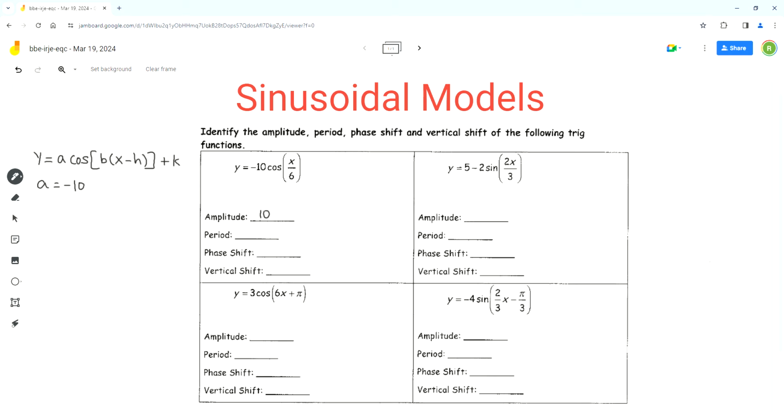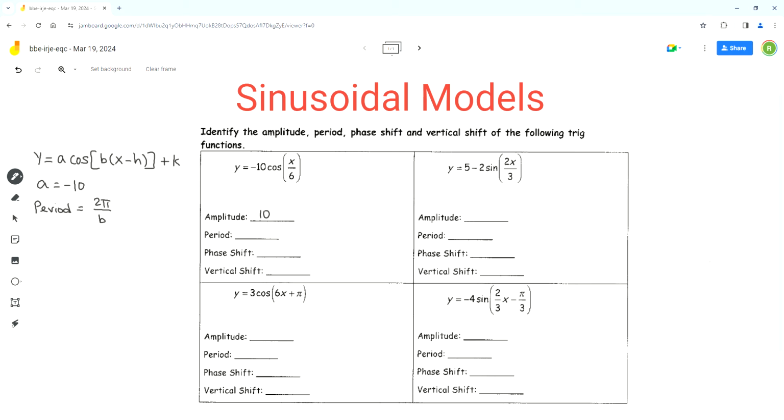Now there is a formula for period. So period equals 2 pi over b. Now b value is the term that is being multiplied to x.